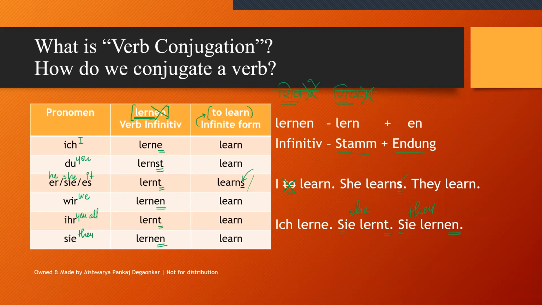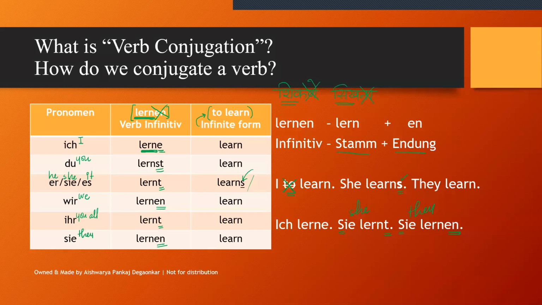It's just that this word lern will remain as it is, but for certain pronouns to fit in the sentence, to make perfect sense, we need to add certain endings. So again, with the example of Hindi or Marathi, if I say mi shikto, it will be considered incorrect because I am not a boy. I'm a girl and therefore I have to say mi shikte, right?